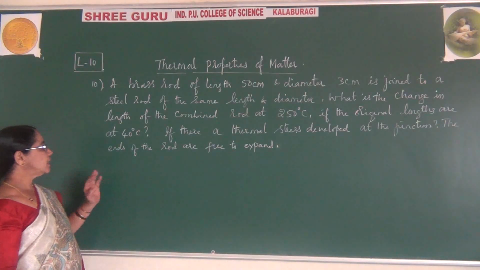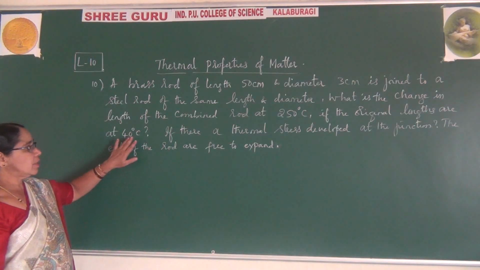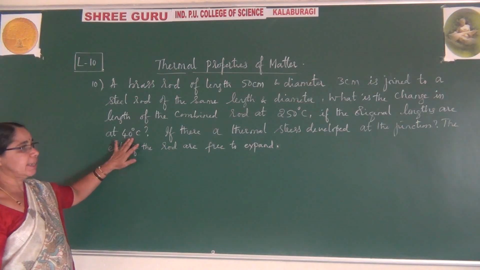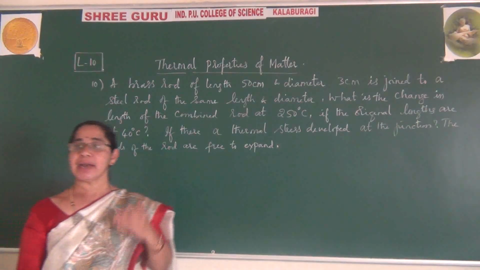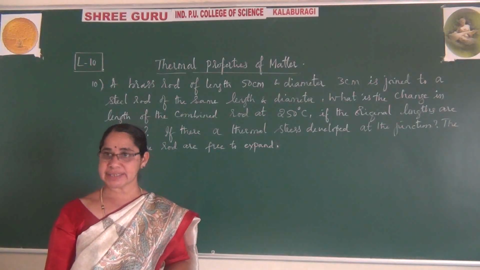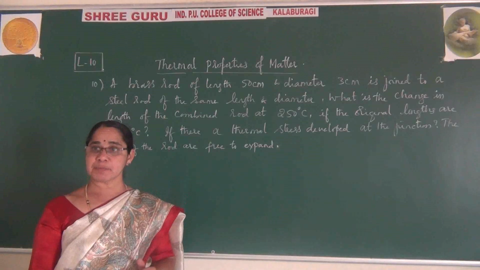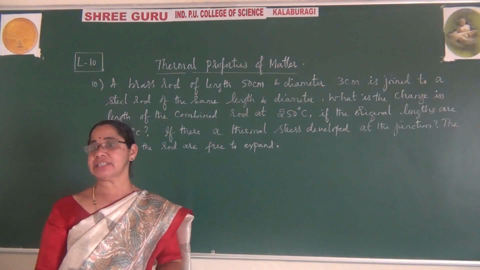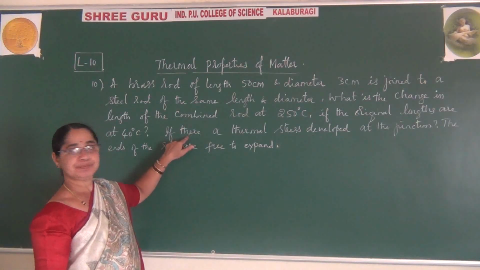If the original lengths are at 40 degrees centigrade, earlier their original length was at 40 degrees centigrade. Now it has been heated to 250 degrees centigrade. So naturally there will be an expansion, and due to that expansion we are calculating the change in length. So that point you have to calculate as the first step.